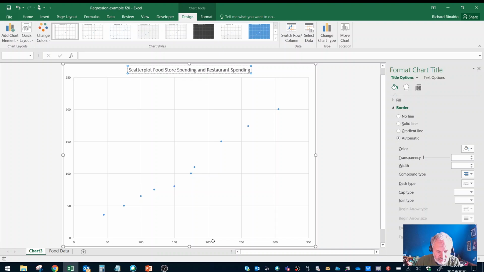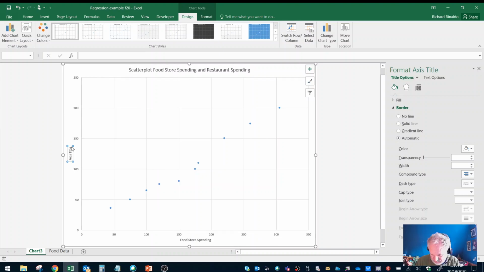I can add my x-axis title, primary horizontal. And I'll add my primary vertical.